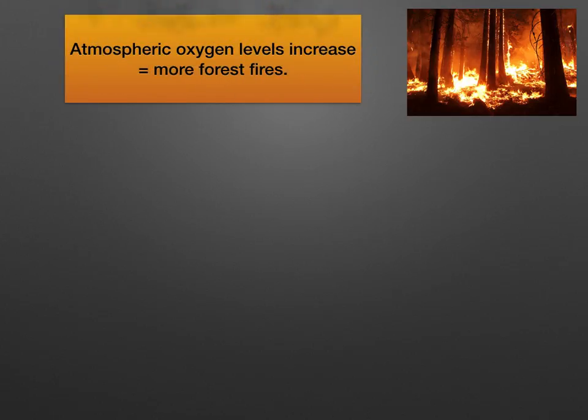So far, everything we've looked at is to do with homeostasis and control of internal body conditions. This is another example of negative feedback in biology, but this one is on a whole planet level rather than individual organisms. So, talking about the planet as a whole, over the last few million years, every time that oxygen levels have got too high, there's been more forest fires.